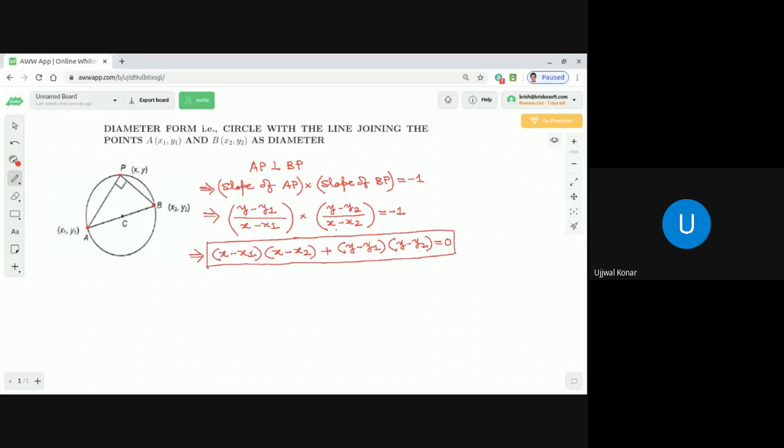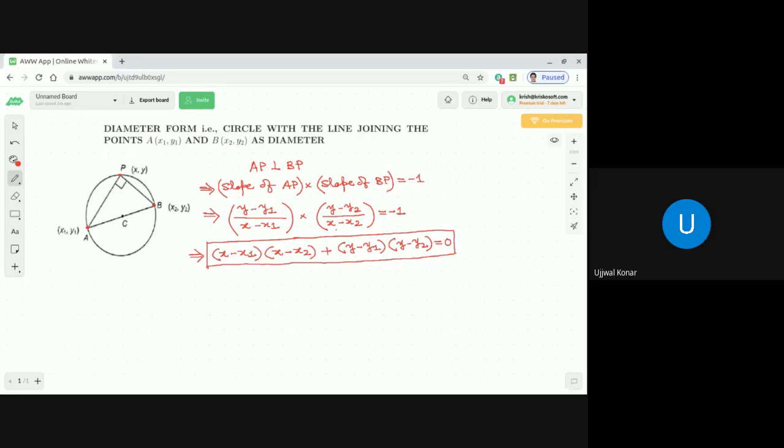Then keeping this in mind, you may think, sir, here only two pieces of information are given, that x1, y1 and x2, y2. So with these two, how are we able to find the equation of the circle in a unique manner? The point here is that inherently there are three pieces of information given. The moment the coordinates of the two extreme points of the diameter are given, inherently you know the coordinate of the center because it is the midpoint of AB, correct? So eventually you have three pieces of information.